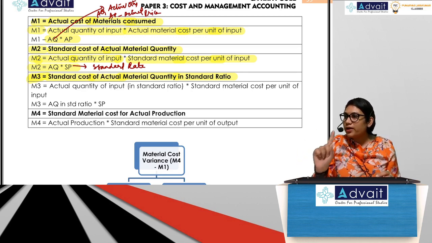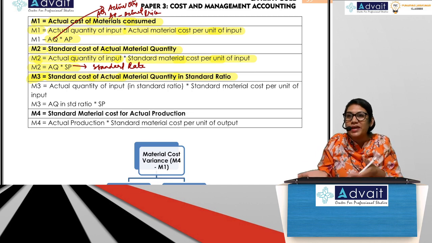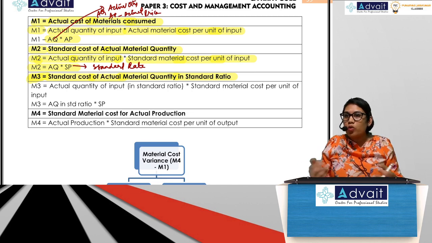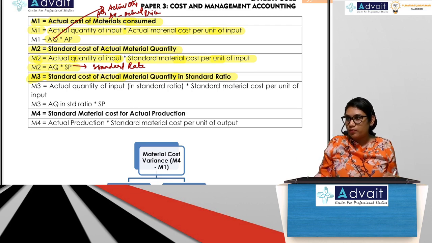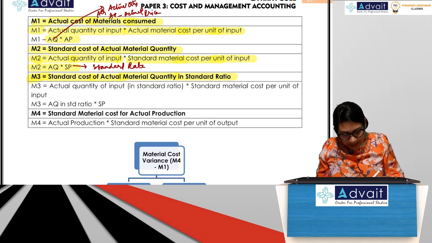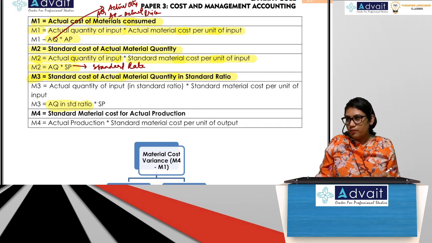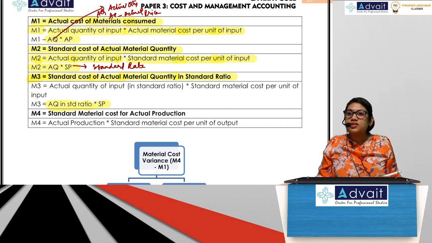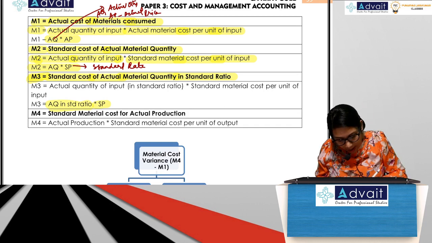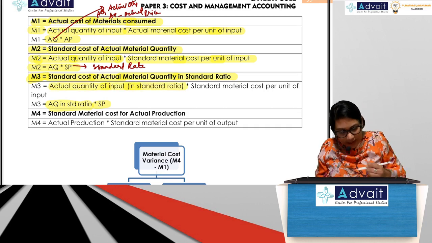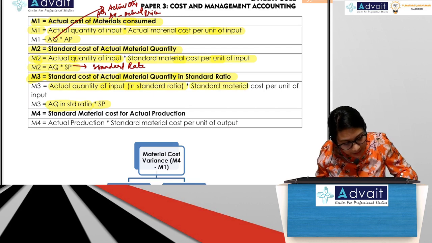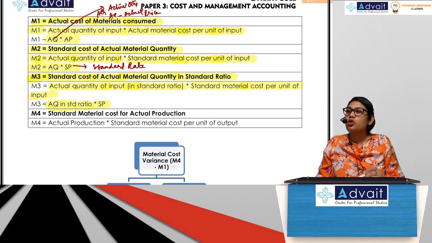If we are only calculating for one material, then there is no question of mix. There won't be a mix, right? For mix, there has to be more than one material. So actual quantity of input in standard ratio into standard material cost per unit of input.